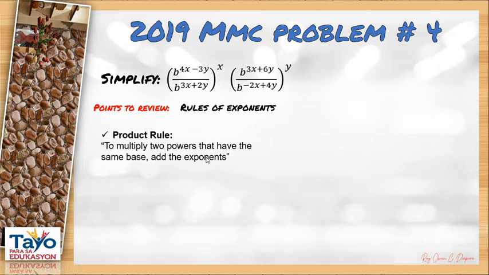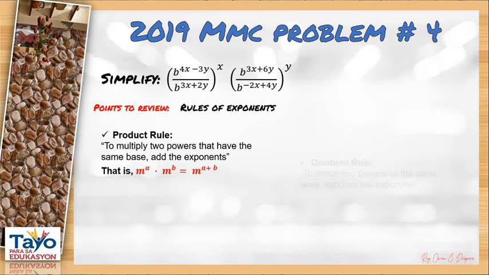There are two key points here: same base, add the exponents. That is, m to the power of a multiplied by m to the power of b. Since the bases are the same and you are multiplying, the rule says add the exponents. So m to the power of a plus b.